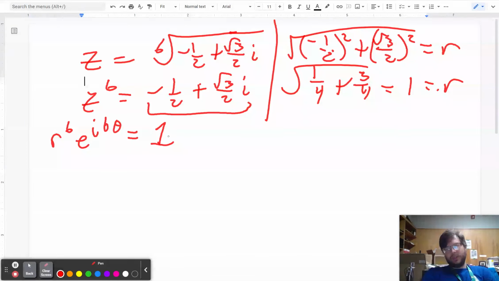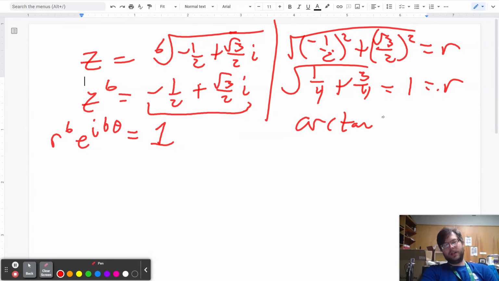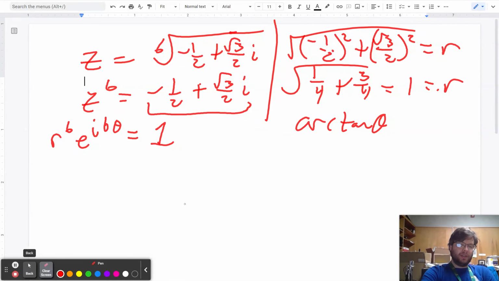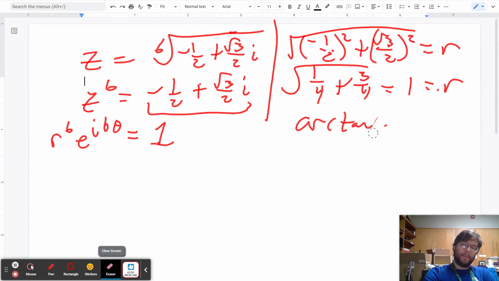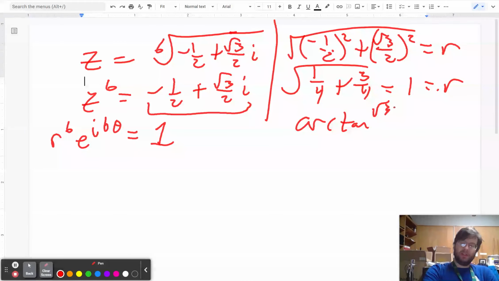Now if I just sort of blindly do the arctangent, because that's usually how we find an angle for a complex number, the arctangent of the y value divided by the x value, in other words, of the imaginary part divided by the real part, arctangent's going to lie to me.